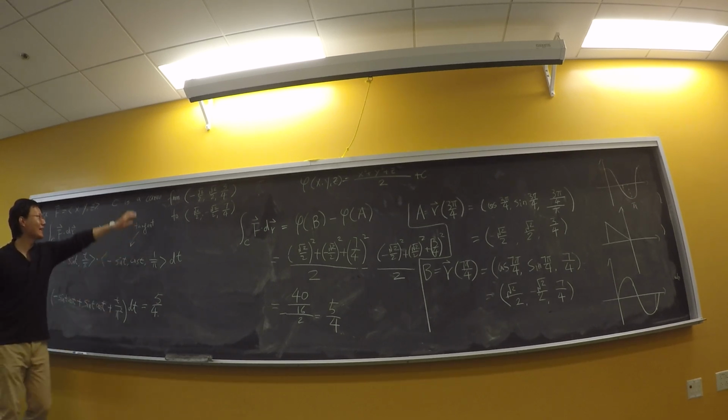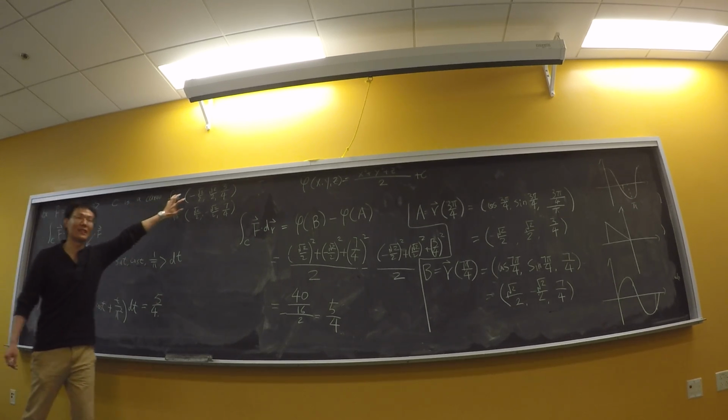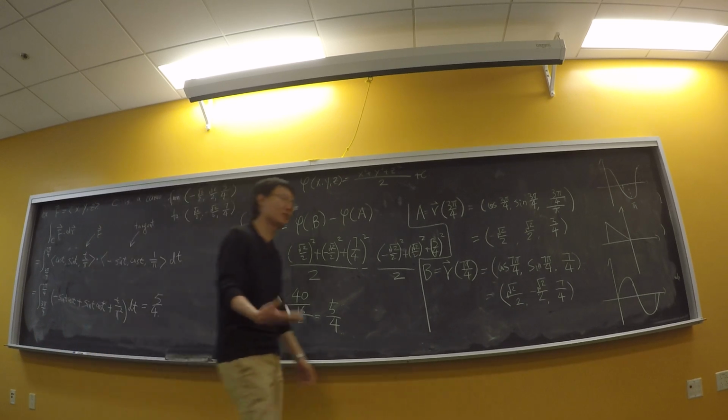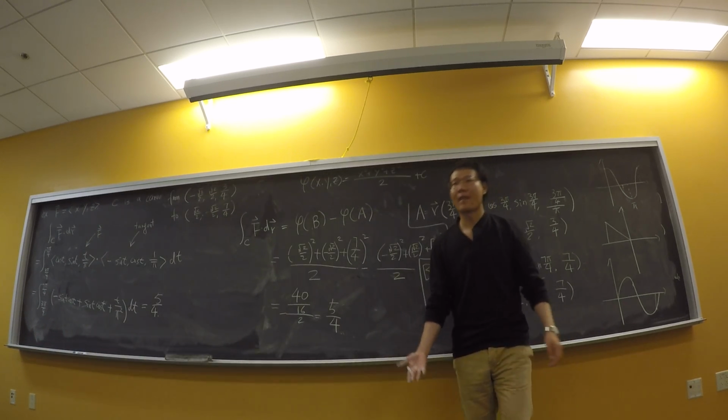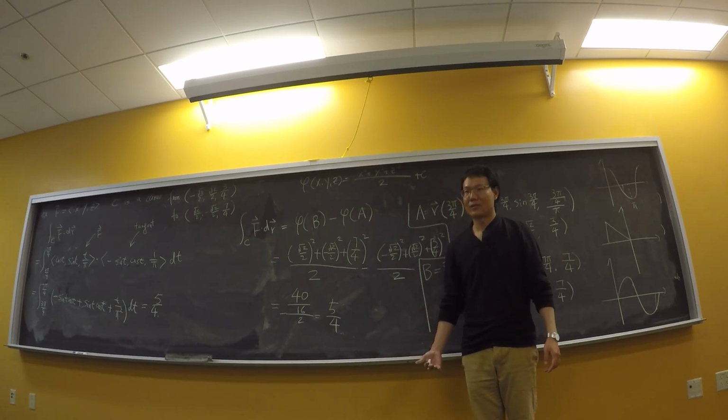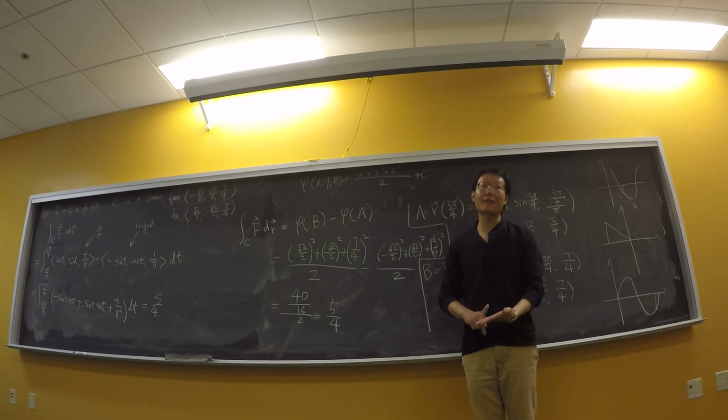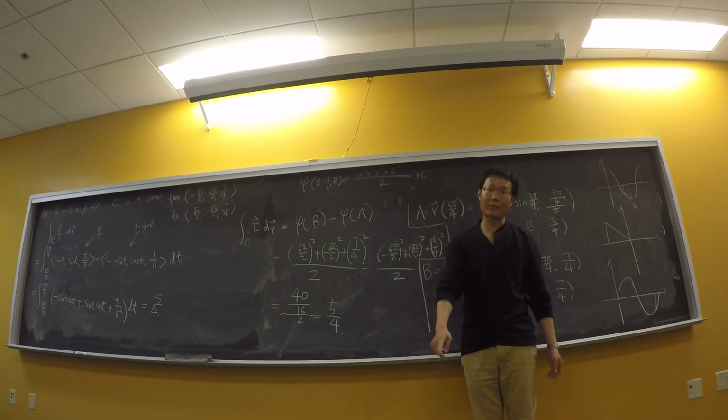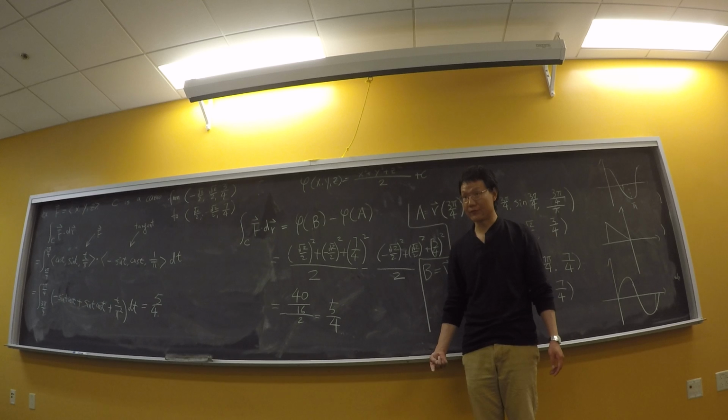If I don't give you any information of this curve other than its initial point and a terminal point, I still want you to evaluate the line integral. This can only be done if the vector field is conservative. Am I right? If the vector field is not conservative, I have to give you what the curve is. This is only possible if the vector field is conservative.